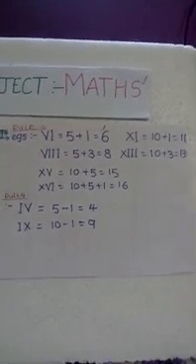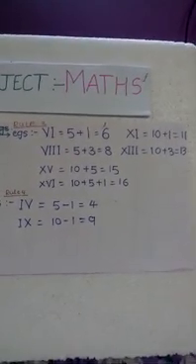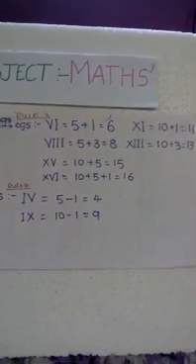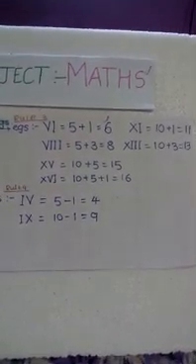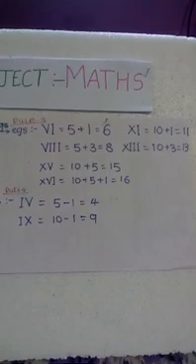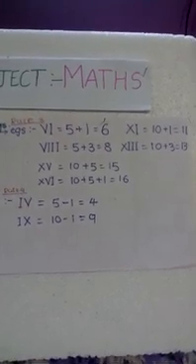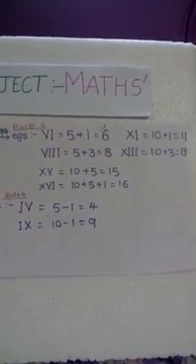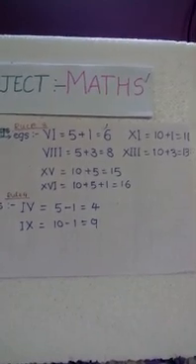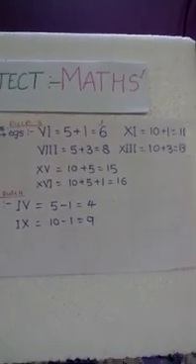In the next example, you can see V and I I, I is repeated thrice. That is equal to 5 plus 3 is equal to 8.